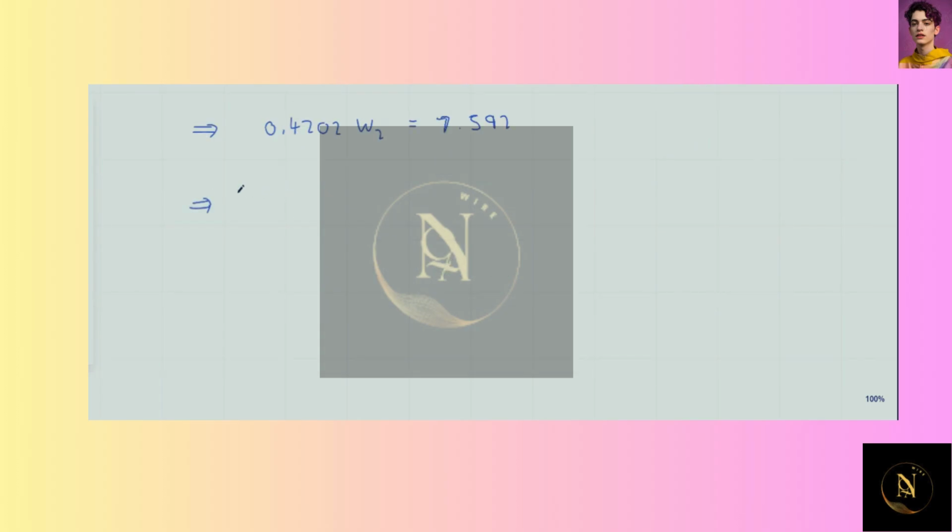Hence, the angular speed in the second position, when the cylinder hits the end of the rod at point B, is equal to 18.068 radians per second.